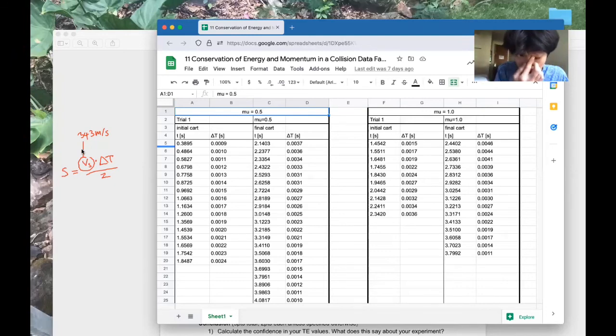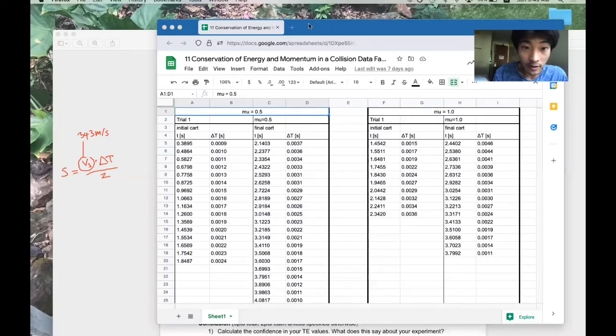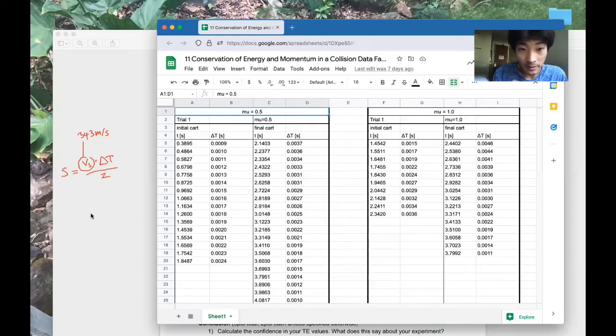All right, so this is how you do the first step in getting this V1I. This is what we're trying to get, V1I. The first step is to convert these delta T's into the S using this formula. So for every delta T, you're going to have a corresponding S distance value.